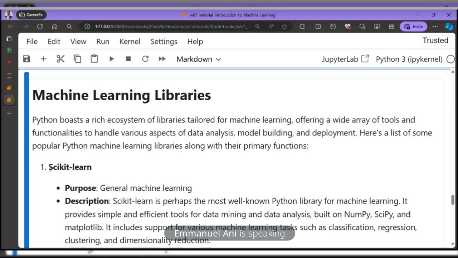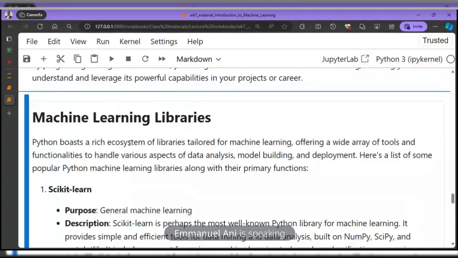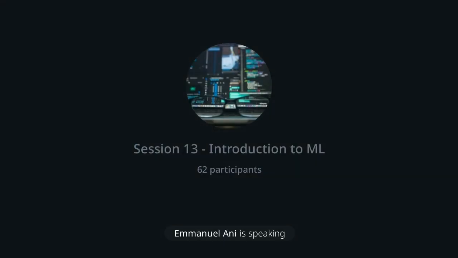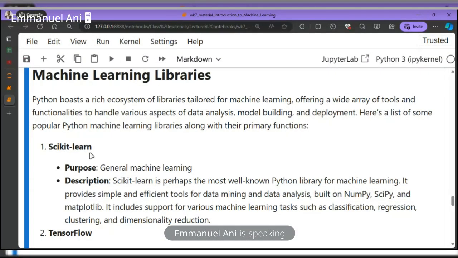It makes it easy for you to build machine learning models, right? You will see it either next week or in the next two weeks. We're going to introduce scikit-learn after we've explained a whole lot of these concepts. So scikit-learn is what we're going to be using. It's used for general machine learning.